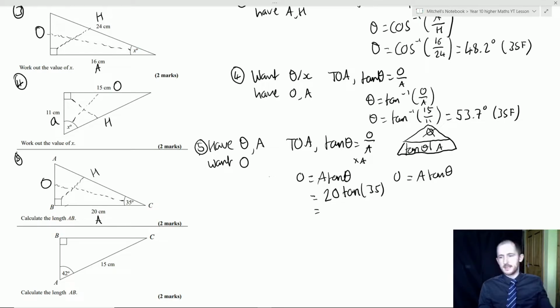So 20 tan 35. Again, we're not doing the inverse tan. We get 14 to 3SF. Technically, we should put centimeters here as well. Hopefully that is okay.